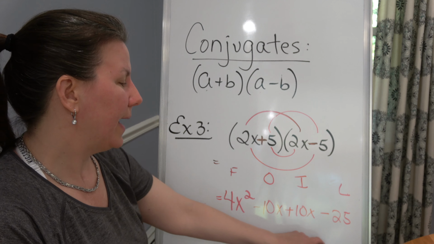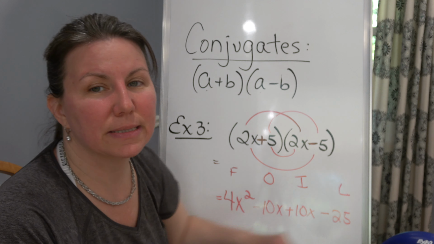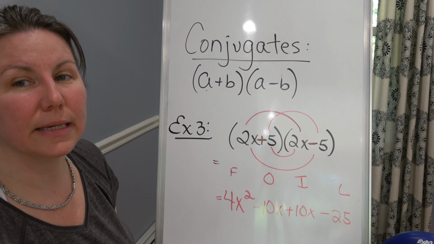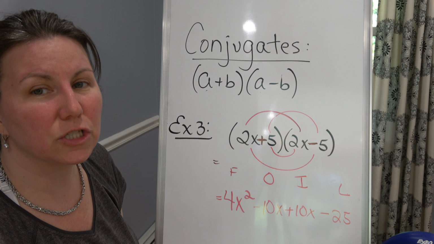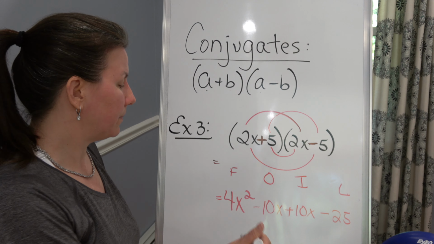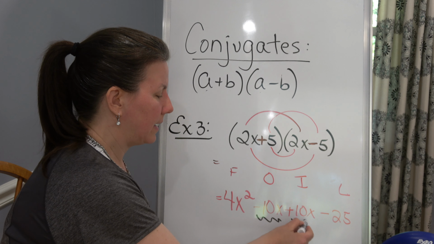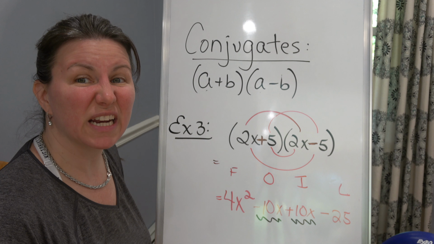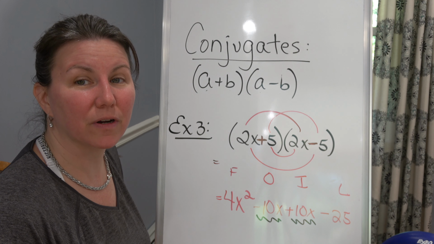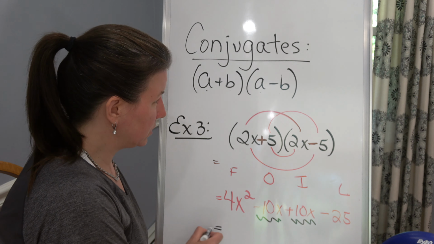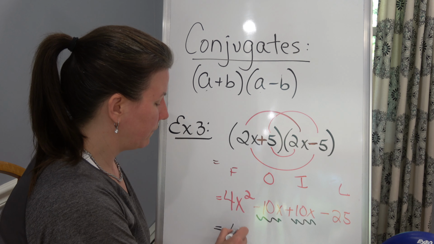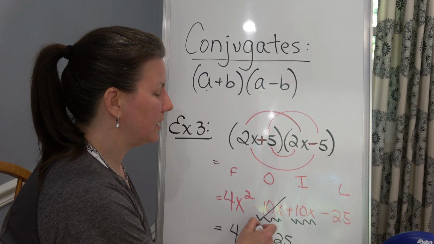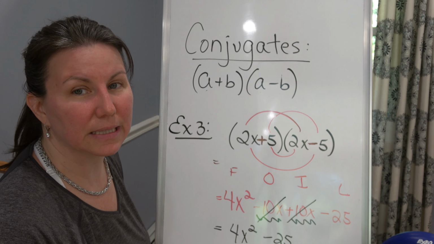Okay. And let's notice what happens when we simplify here now. When we simplify a product of conjugates, when you add the outer and the inner, they're going to cancel out every time. So we're just going to end up with 4x squared minus 25. These are going to cancel out for us.